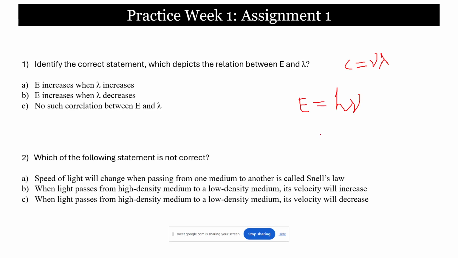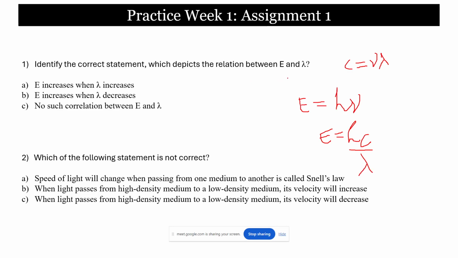So using these two equations we can say E is equal to hc by lambda.